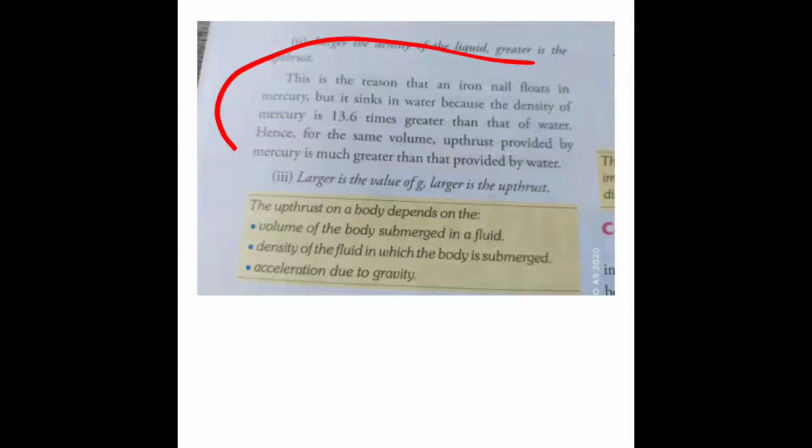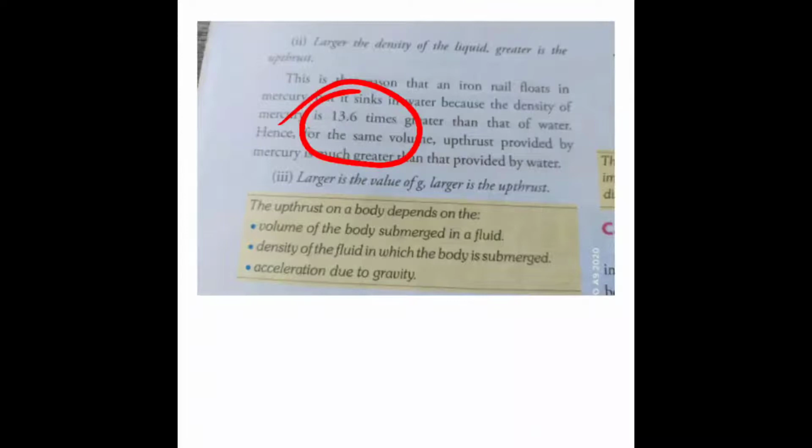This is the reason an iron nail floats in mercury but sinks in water, because the density of mercury is 13.6 times greater than that of water.